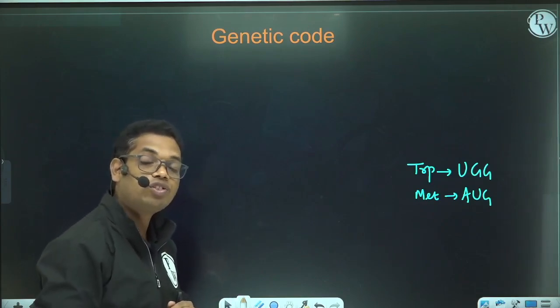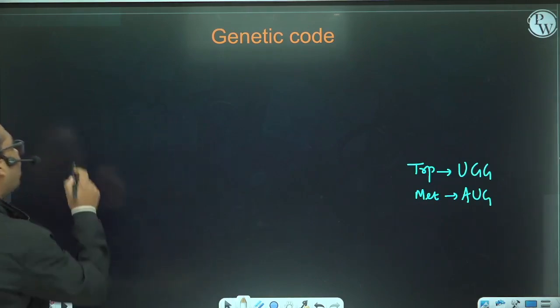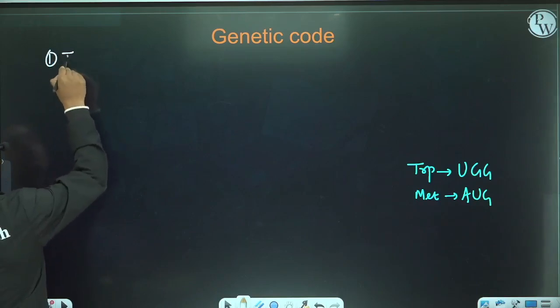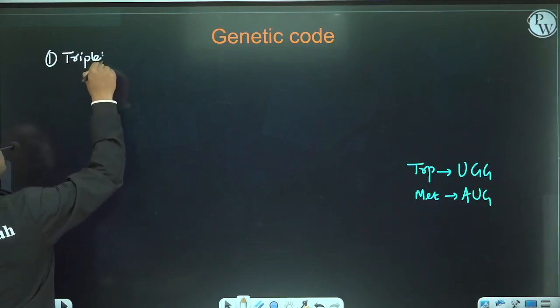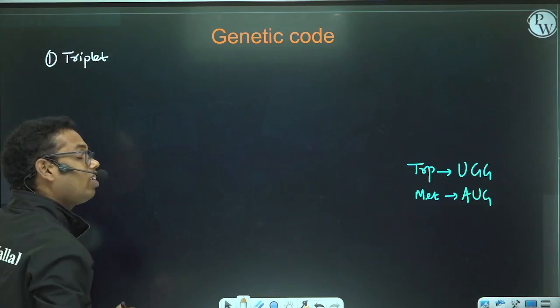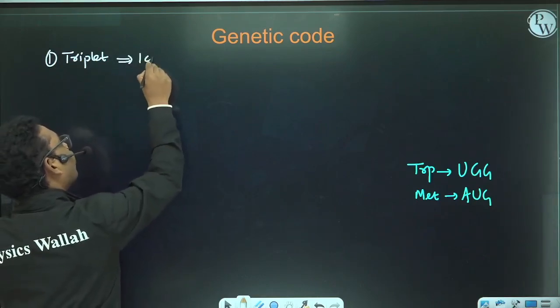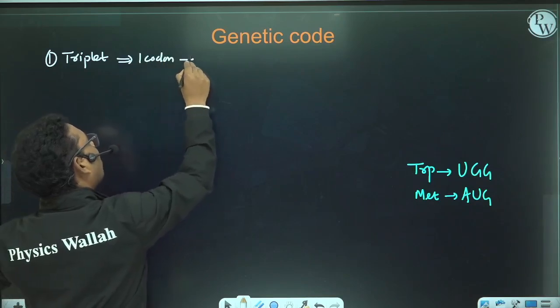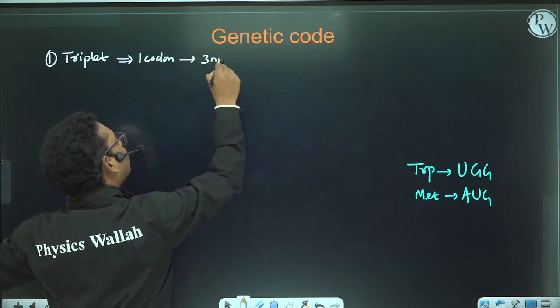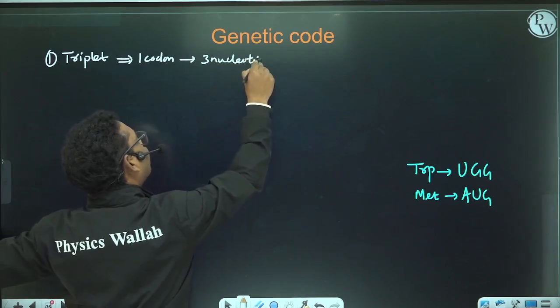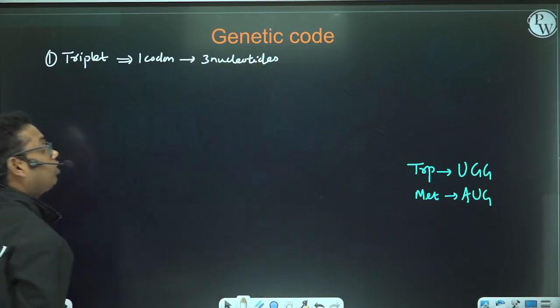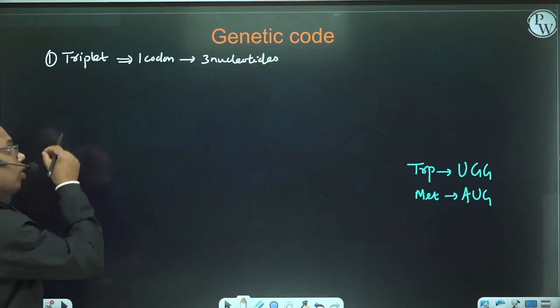So what are the features of the genetic code? The genetic code is always triplet. What do you understand by triplet? Triplet means one codon will have 3 consecutive nucleotides. That is why the codons are called what?